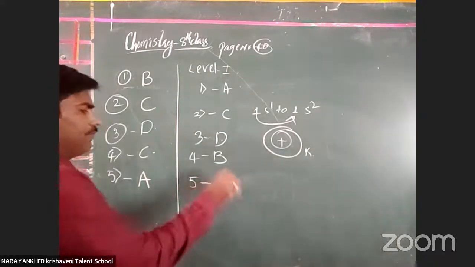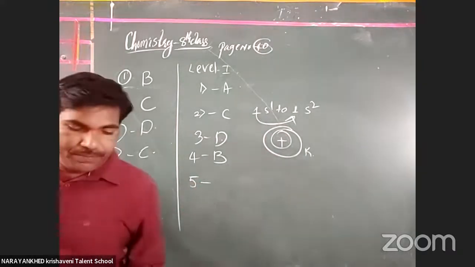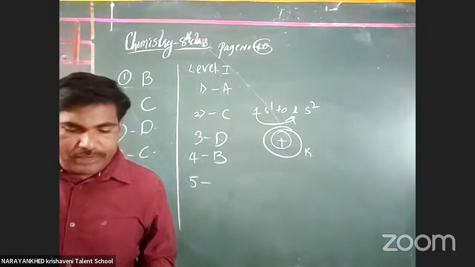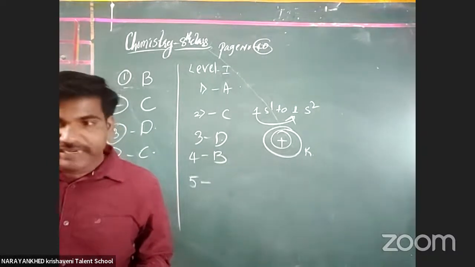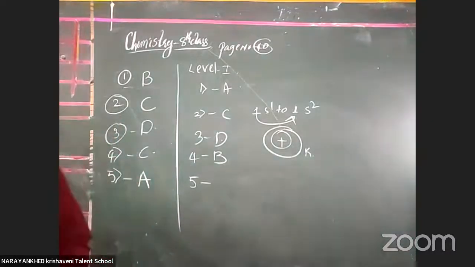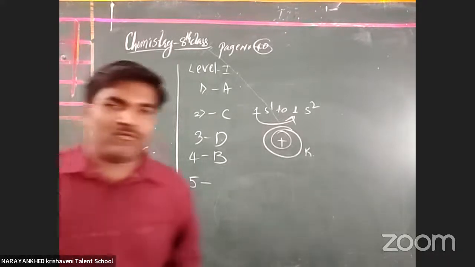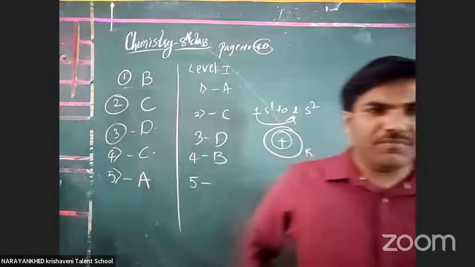Next, the fifth one. On the basis of electronic configuration, group and period of 95B. There may be a printing mistake in the question.